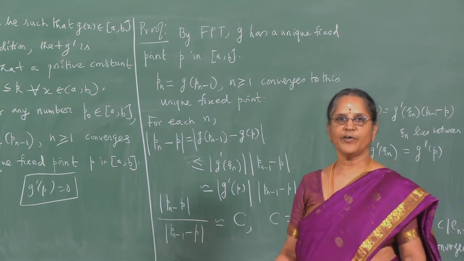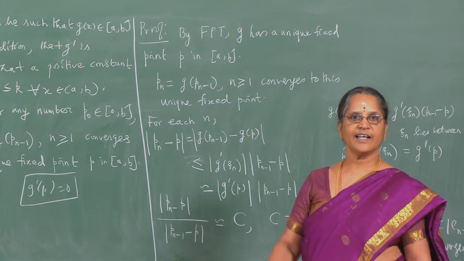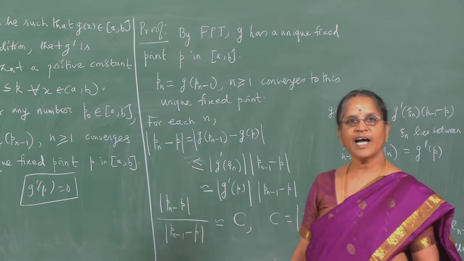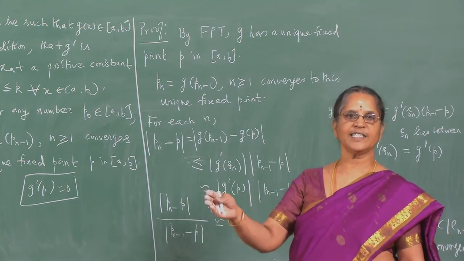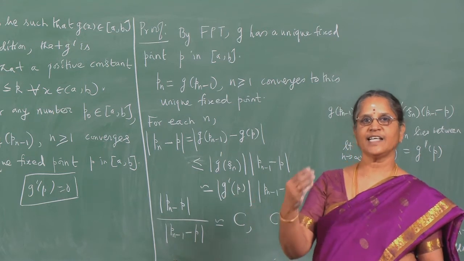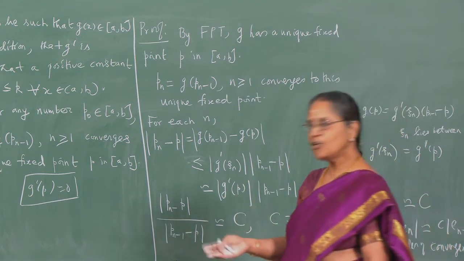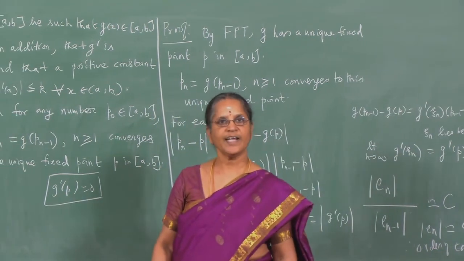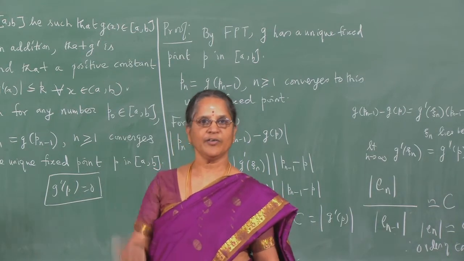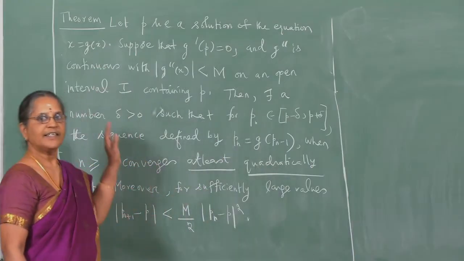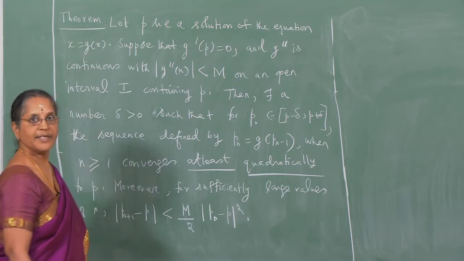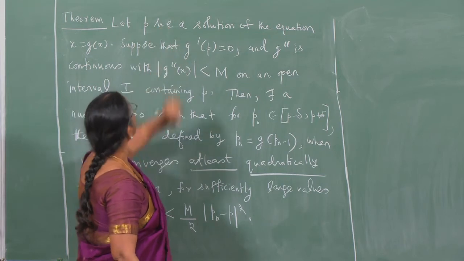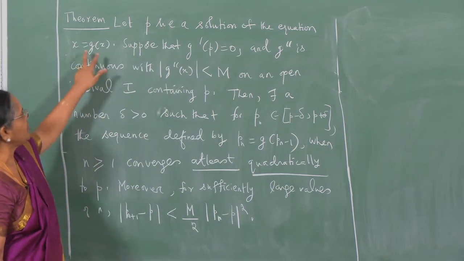Let us see the following result and understand the conditions under which the fixed point iteration methods will have higher order convergence, when the conditions that have to be satisfied by g include the condition that g'(p) is equal to 0. So, let us write down the result in the form of the following theorem. The result is given by this theorem, which says that let p be a solution of the equation x = g(x).